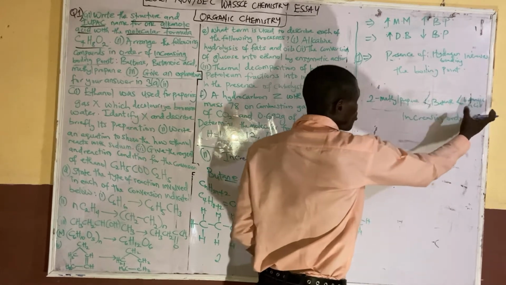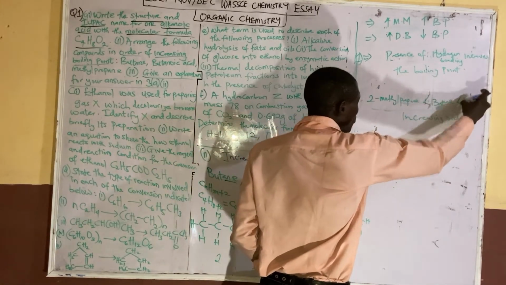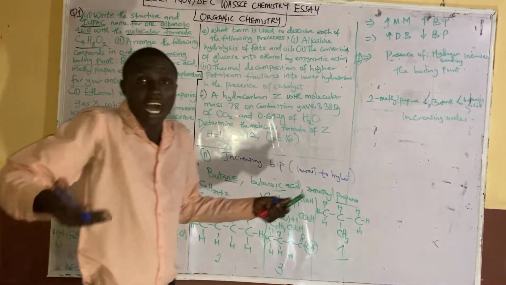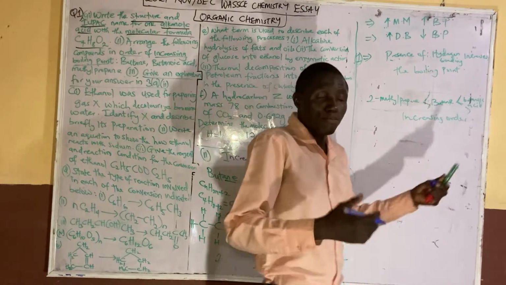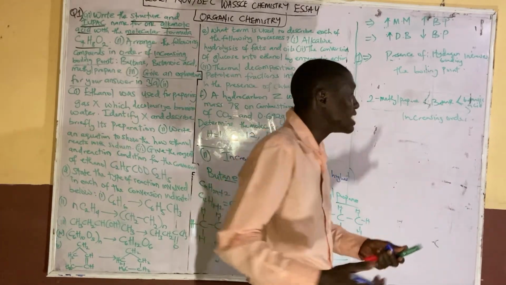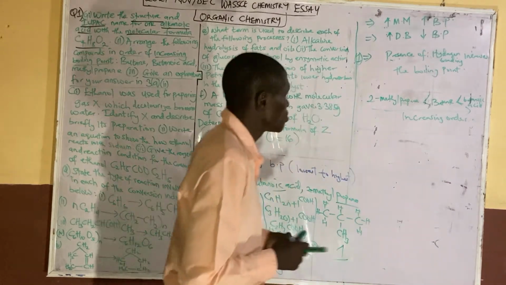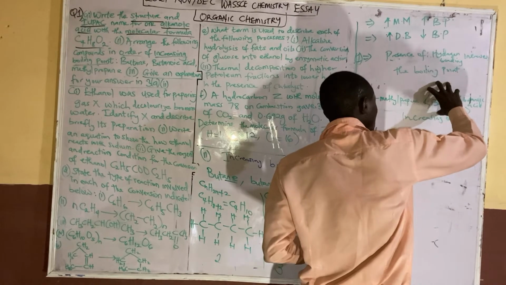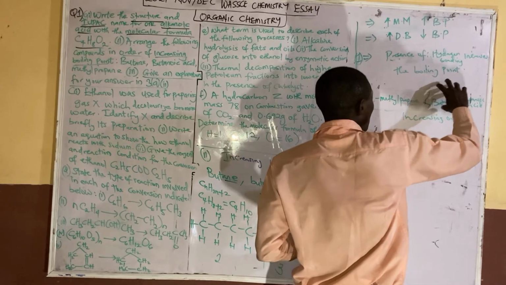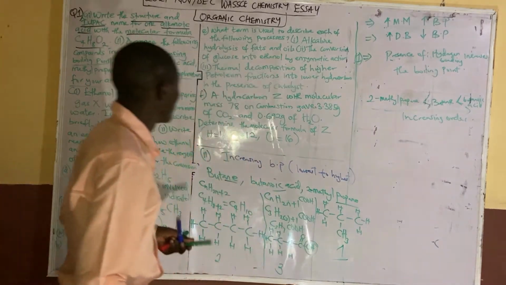While the presence of hydrogen bonding in butanoic acid makes the boiling point very, very high. So that's why 2-methyl is less than butane in terms of boiling point. The boiling point of butane is less than butanoic acid. I think we have done that.